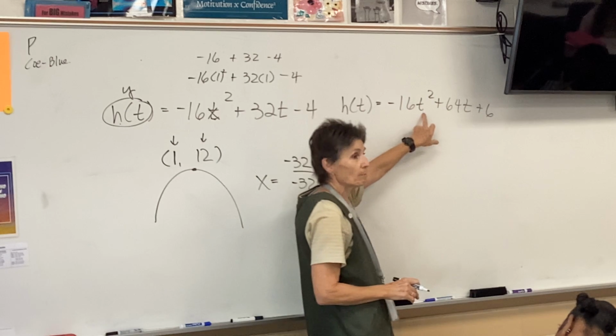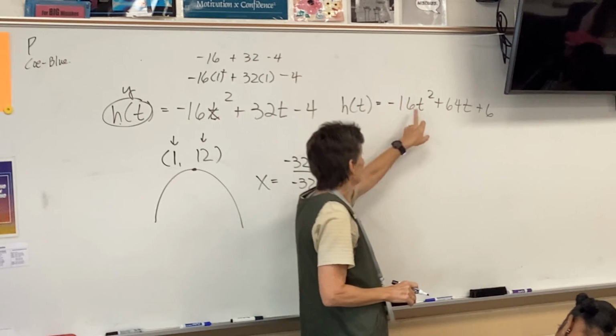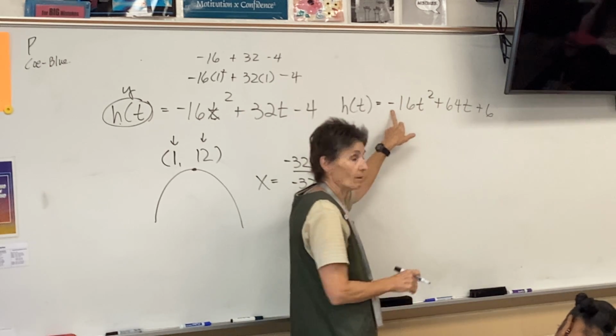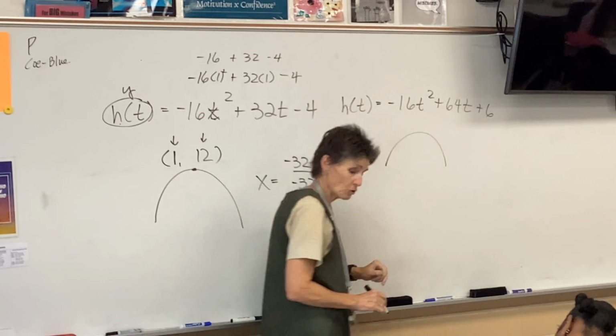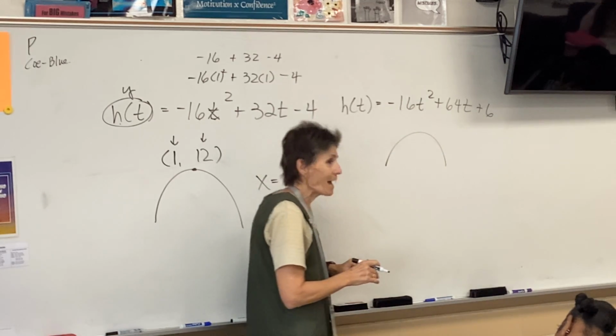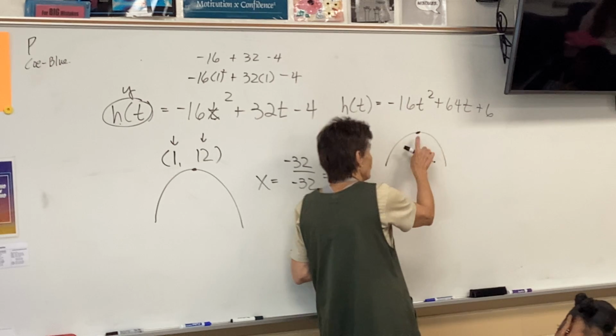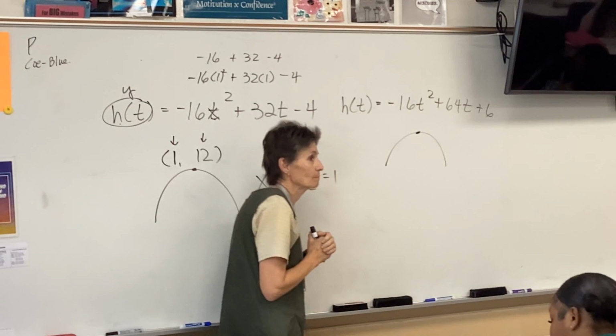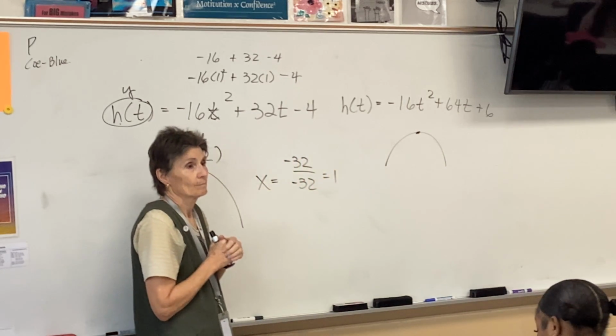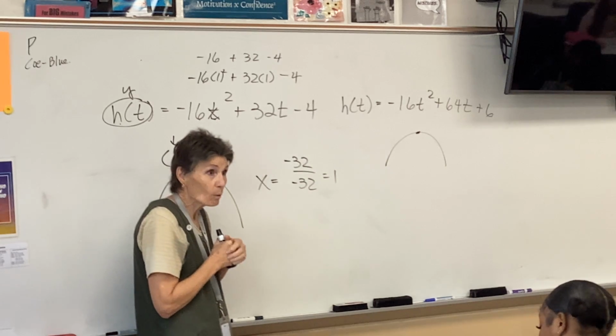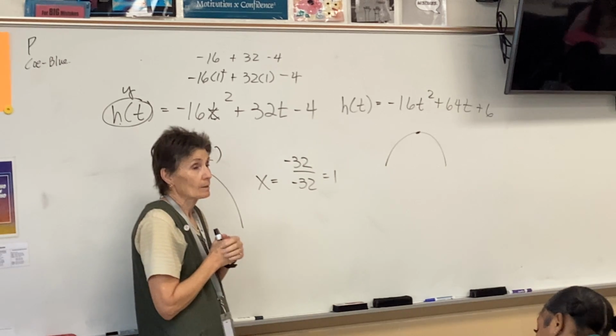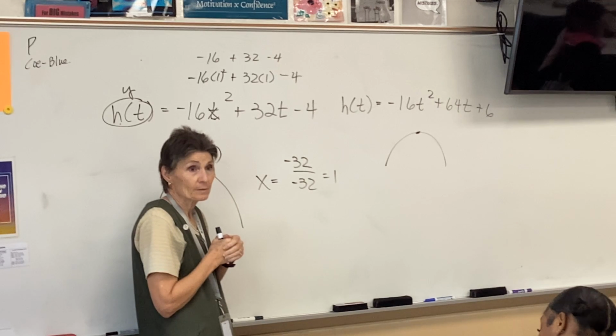Is that a parabola? Opening down. The question talks about maximum height. Wouldn't that be right there? So I need to find that point. How do I find that point? On the axis of symmetry.